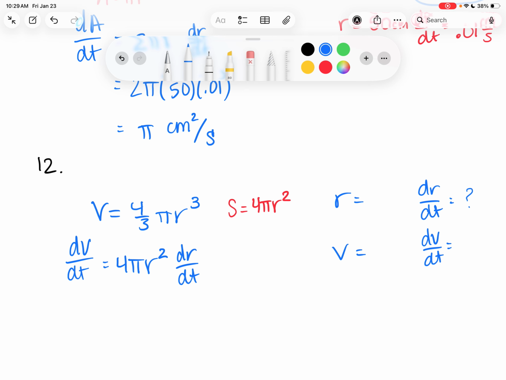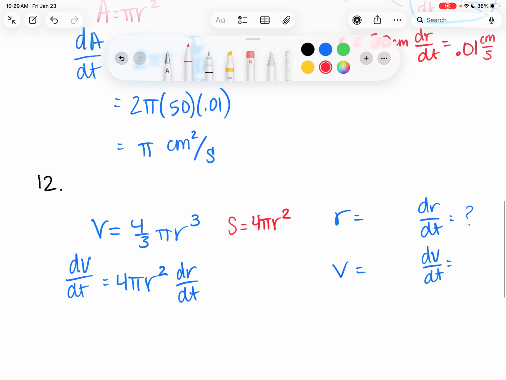And so I'm going to say let K be the constant rate, essentially like with the surface area. So that would mean that we have dV/dt equals K times the 4 pi r squared part of that.